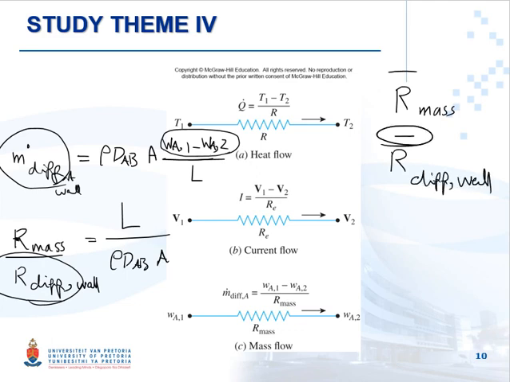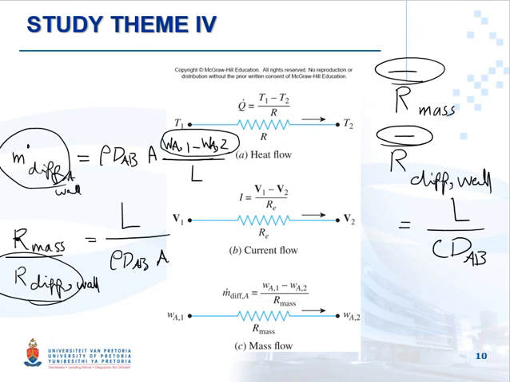When there is a bar on the R, we call it molar diffusion resistance, and it will be equal to L divided by C dAB. It's just a different representation of concentration, as we discussed before, mass base and molar base.